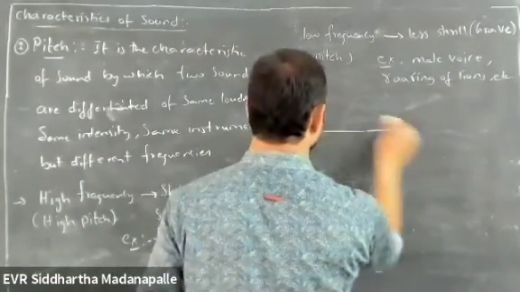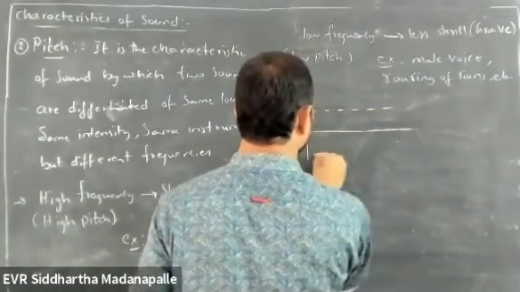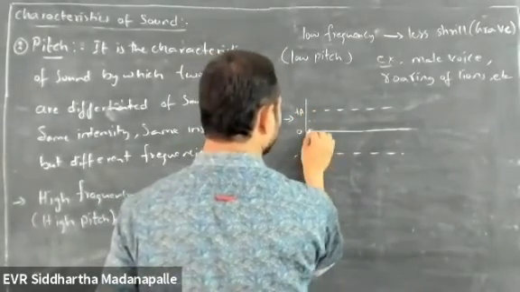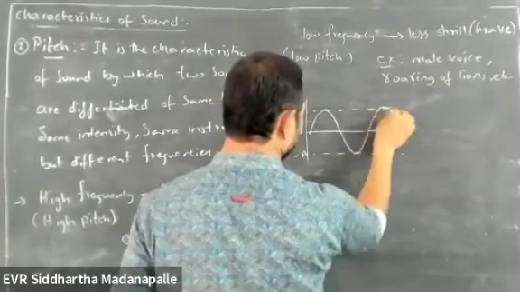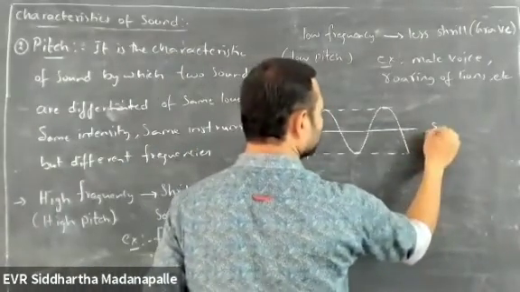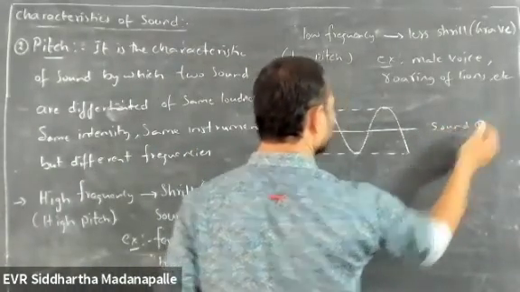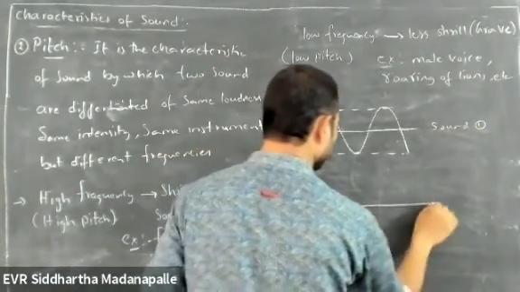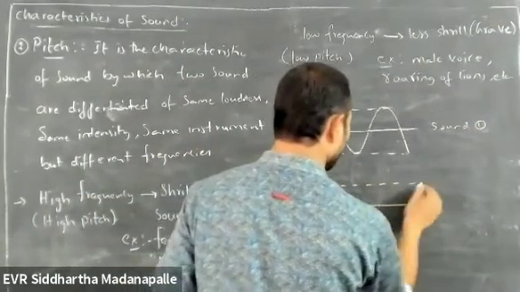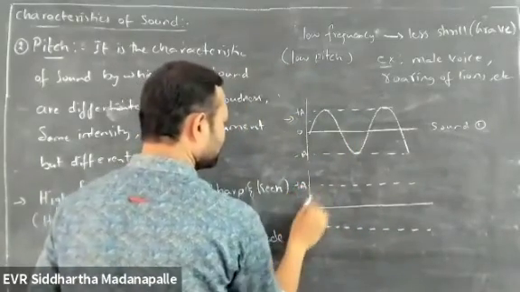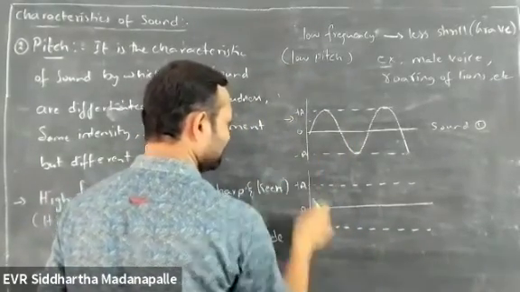Suppose let us consider this is a graph which is having an amplitude of plus a and minus a. The graph. So this is the sound 1. For example, sound 1, we are going to compare here. A sound వచ్చేసి ఎక్కువగా హై పిచ్ లో ఉంటుంది, and this is plus a. Amplitudes are same గా తీసుకుంటున్నాను.